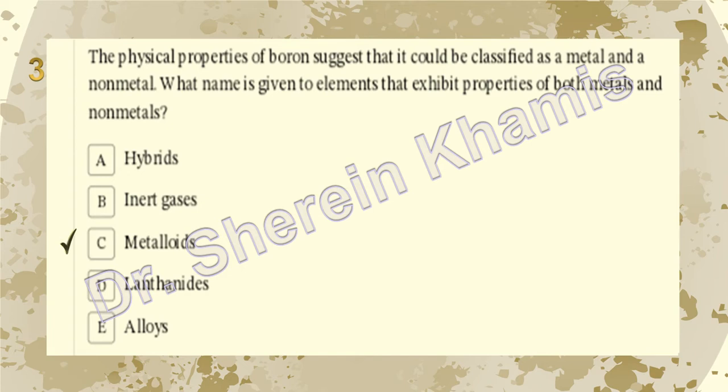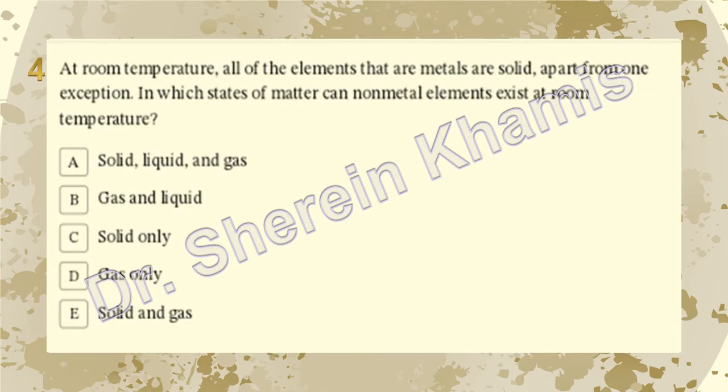Okay, let's go to question number 4. Question number 4 says that at room temperature all elements that are metals are solid, apart from one exception. In which states of matter can elements of non-metals exist at room temperature?